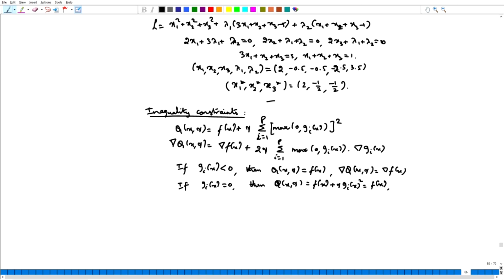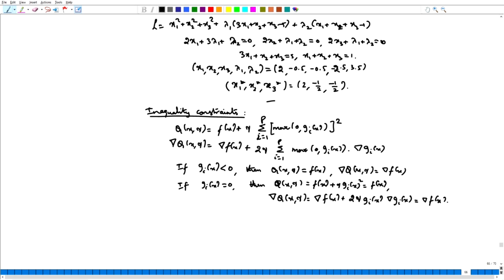And del q of x comma gamma is del f of x plus 2 gamma gi of x del gi of x, but gi of x is equal to 0, so this is actually just del f of x.